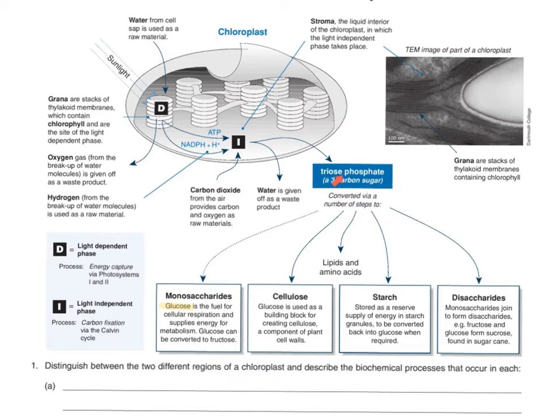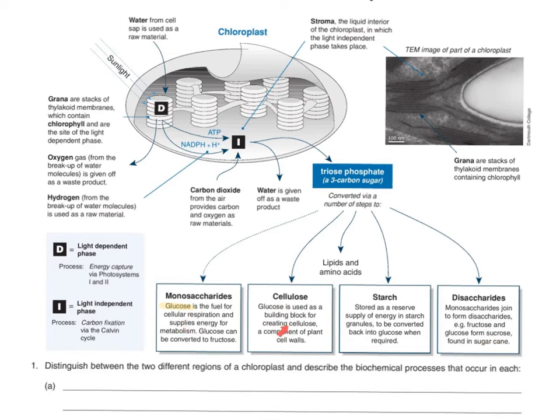But you've got to remember that this sugar can make any of these, and I'm going to ask that question on the test. Do you know that it's a 3 carbon sugar that's made and eventually can be made into glucose, or it could be made into other things?